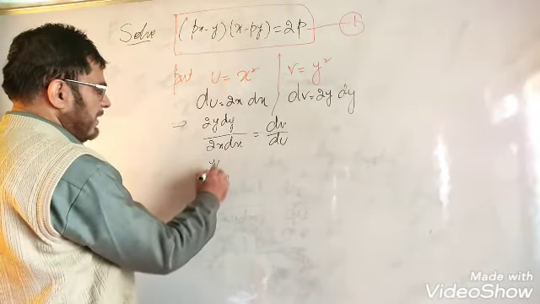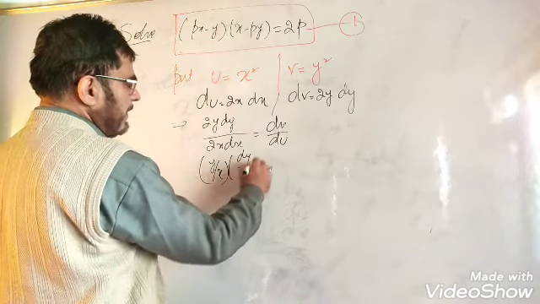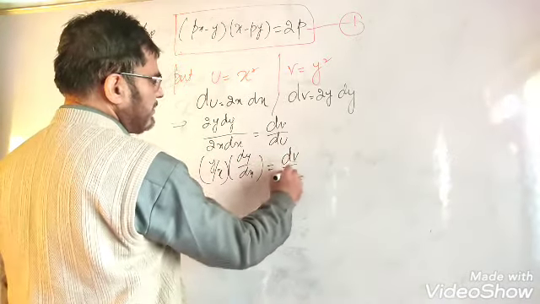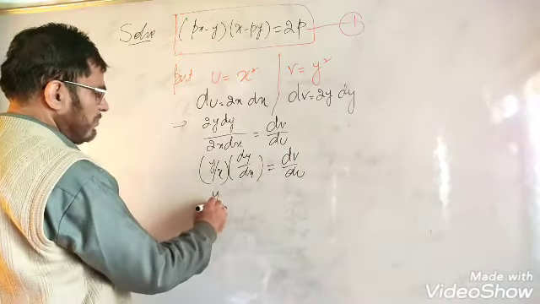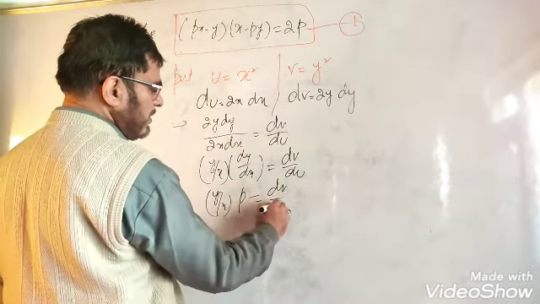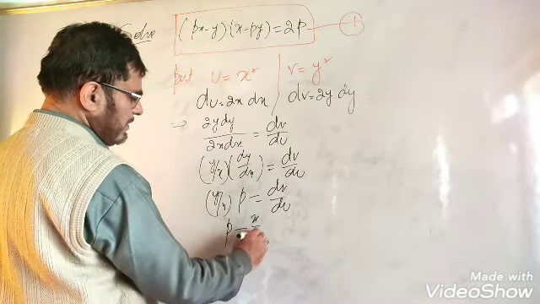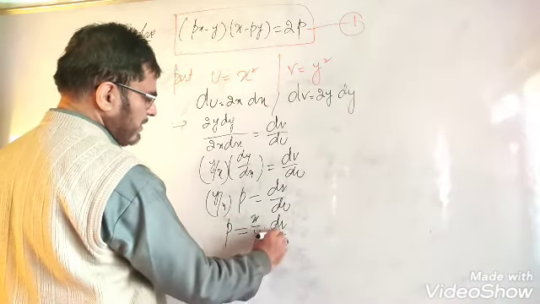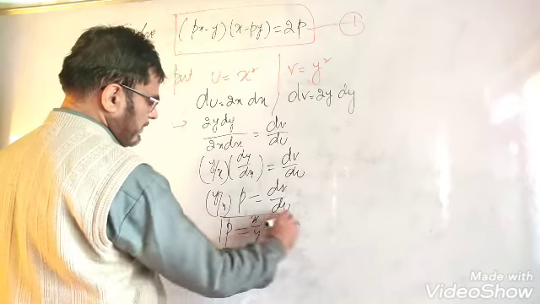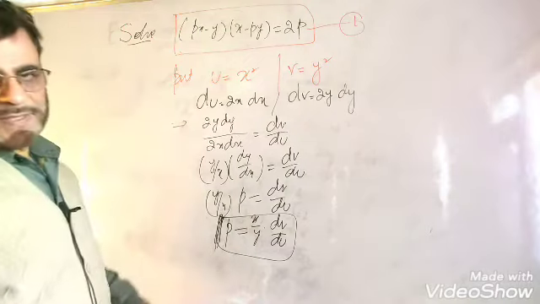This gives y by x, dy by dx is dv by du. That is, y by x times p is equal to dv by du. That gives p is x by y into dv by du. This is the value of p. You have got p in this way.